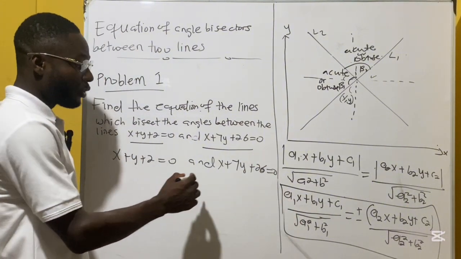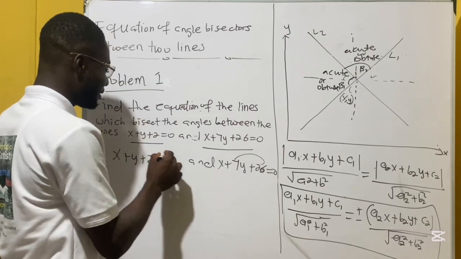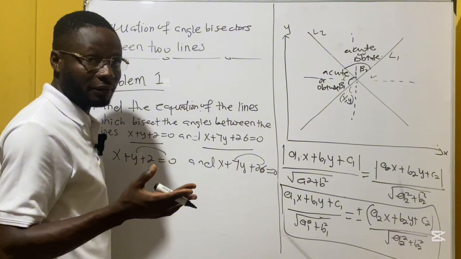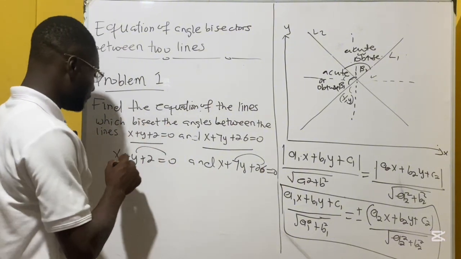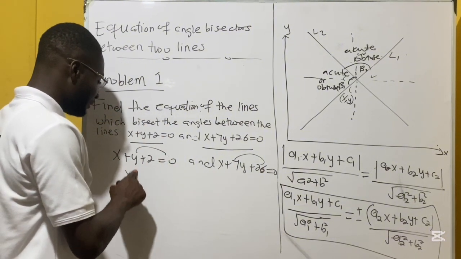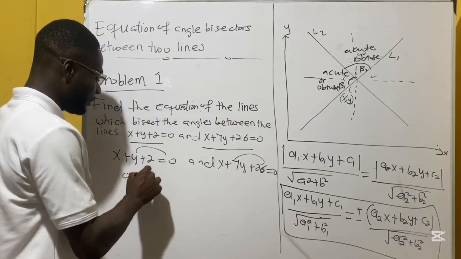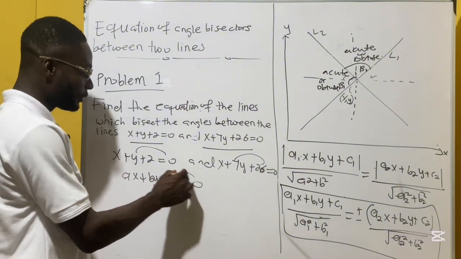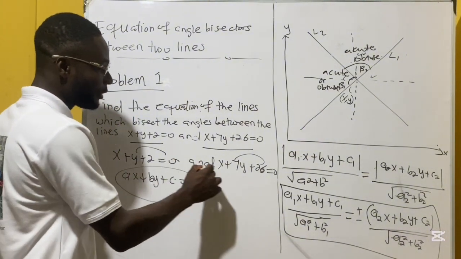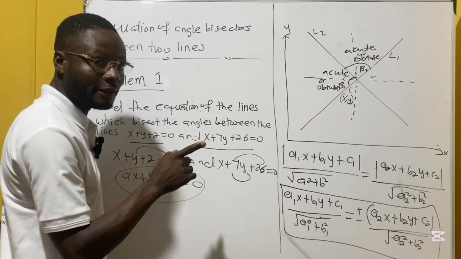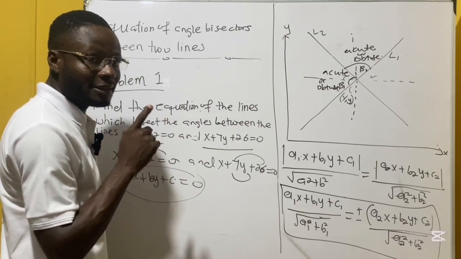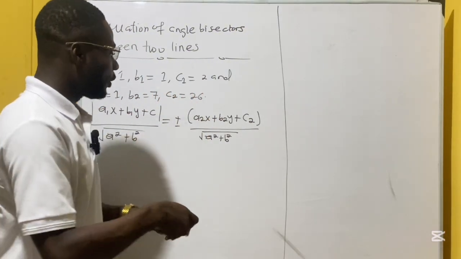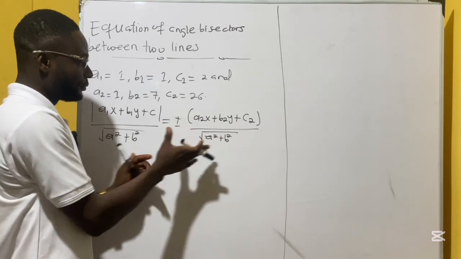From here, we compare these with the linear equation of a line, ax plus by plus c equals 0, to find our a1, b1, c1. Once we have all the parameters, we substitute them into the formula.